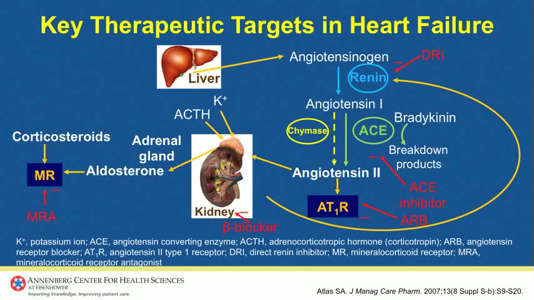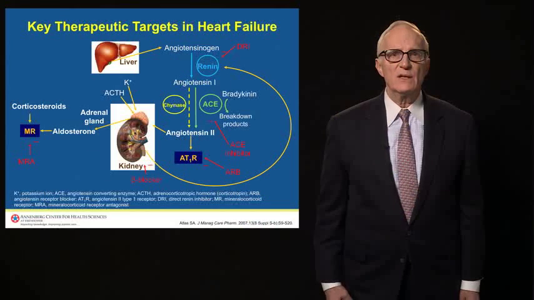Also, chymase provides another pathway by which angiotensin 2 can be produced from angiotensin 1. Ultimately, angiotensin 2 combines with the angiotensin receptors at effector sites, leading to some of the problems that we see in patients with heart failure.